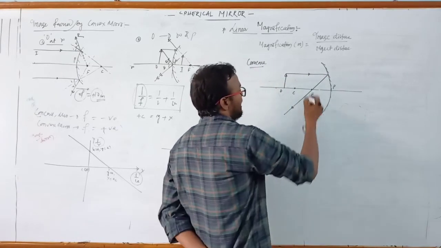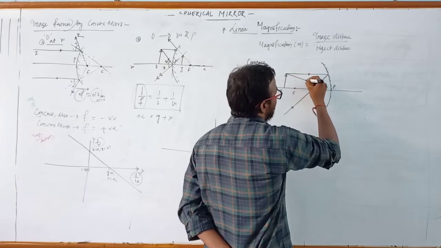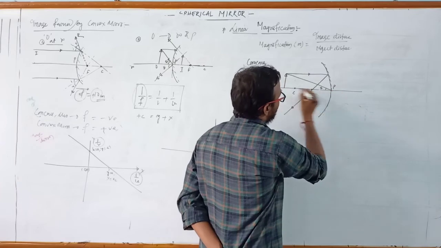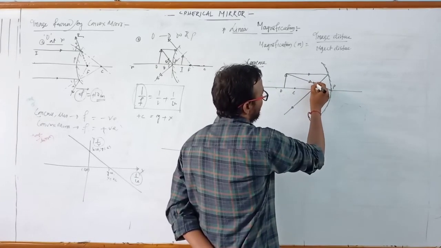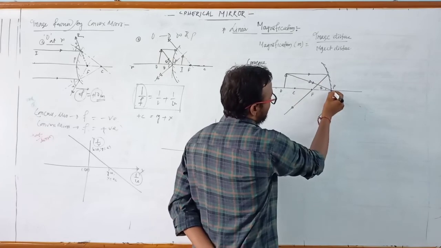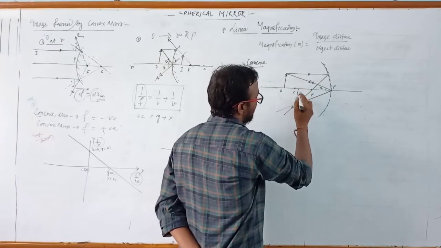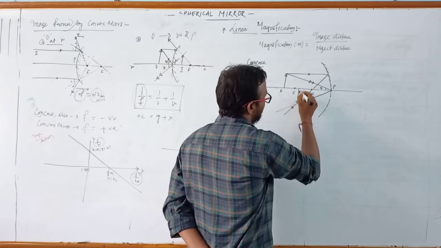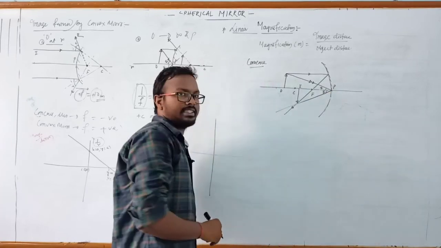Clear? Similarly, if you take another ray which is incident at the pole, and this angle is theta. Now this is the normal, and here the principal axis is normal for this incident ray. Now this ray comes in this direction, and meets this point. Clear? This is the image, and this angle also is theta here.